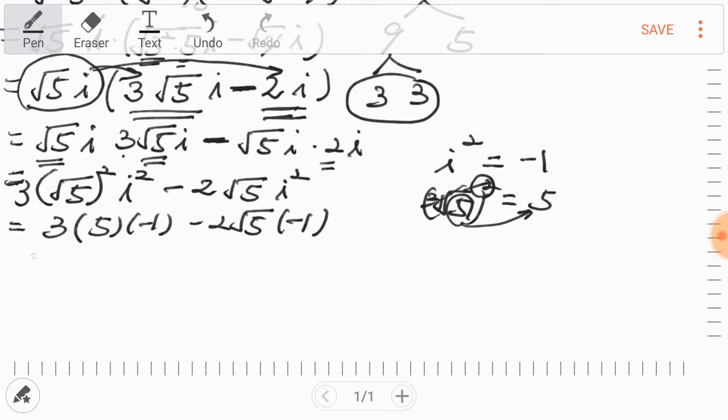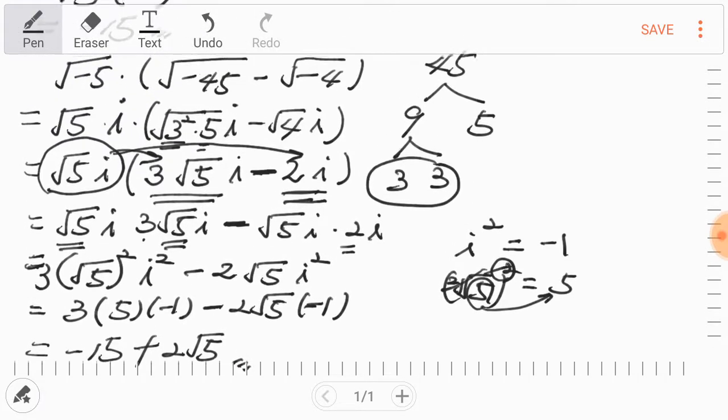Okay, finally, 3 times 5 is 15, and this negative sign moves to the front. Then minus times negative, negative times negative is positive. Opposite of negative is positive. So this becomes plus 2 square root of 5.